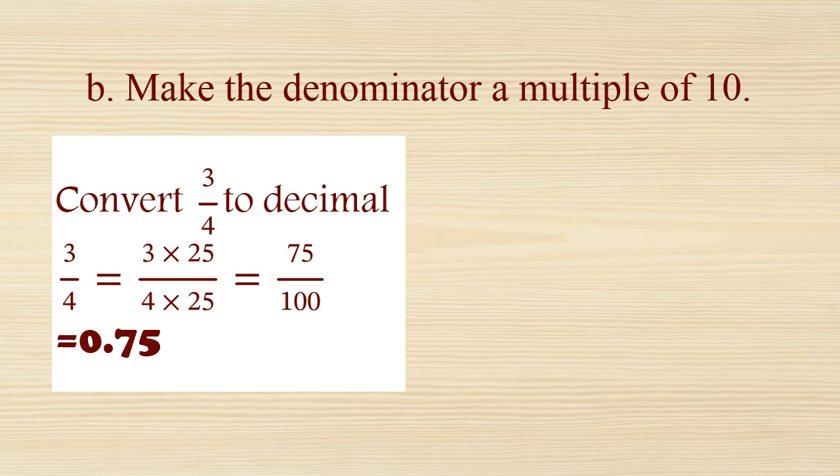Since we multiply 4 by 25, we have to multiply the numerator, which is 3, by 25 also. So we get 75 over 100. When you divide 75 by 100, you have to move the decimal point 2 times. So when you move the decimal point from the right-hand side 2 times, you get 0.75.